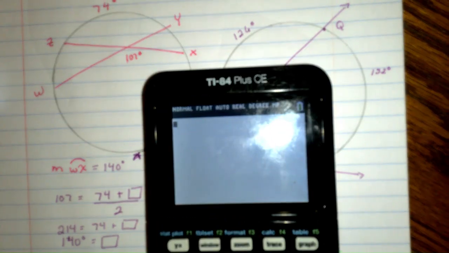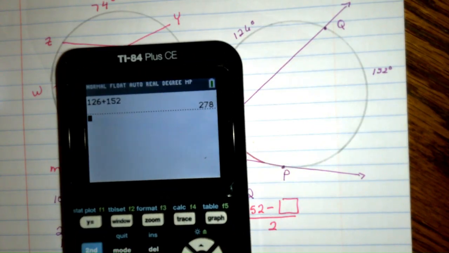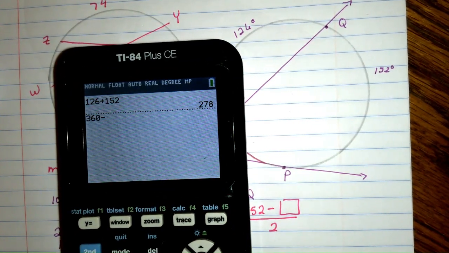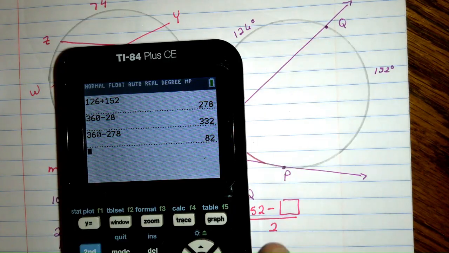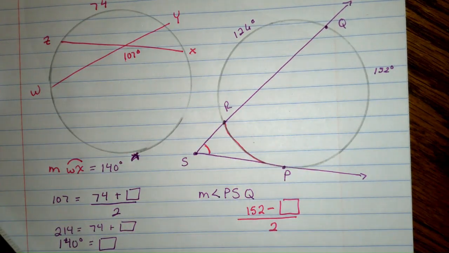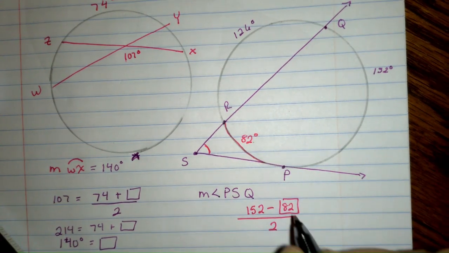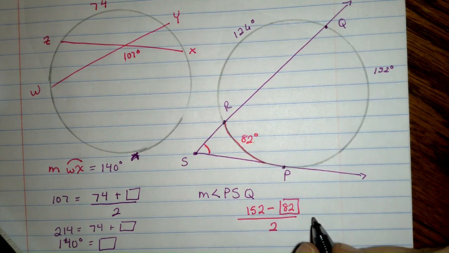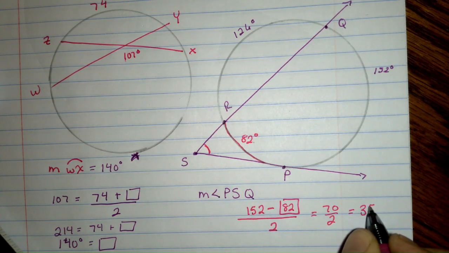So we already have 126 plus 152, so we're already at 278 degrees. Well, helps if you type out your numbers, doesn't it? Leaving us 82 degrees right there. So this has to be 82 degrees. So this is 82 degrees. So 152 minus 82 is 70. Divided by 2 gives us a 35-degree angle.